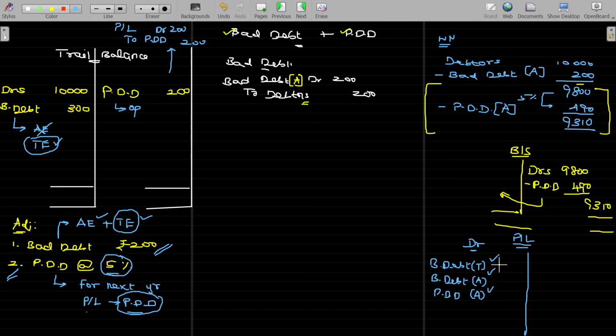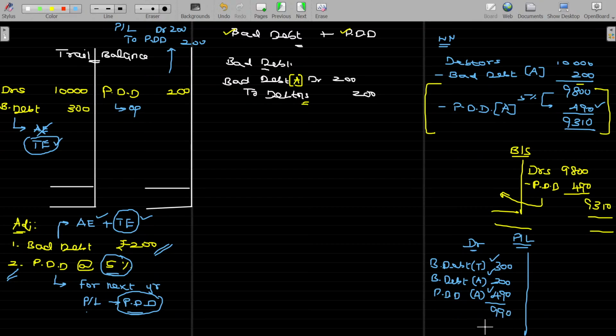Bad debt in trial balance is how much? 300. Bad debt in adjustment, 200. Provision for doubtful debts required to be maintained for adjusting the bad debt the next year being 490. So much money we are in need of. All these things will be debited in the P&L account. 990 debited.